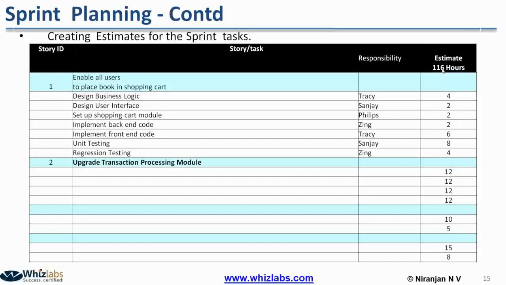If you deduct from 116 hours, some more time will be left. So again the team can plan the third item in the product backlog, which will take 15 hours. Like that, the team can take as many product backlog items as they like till they reach 116 hours.